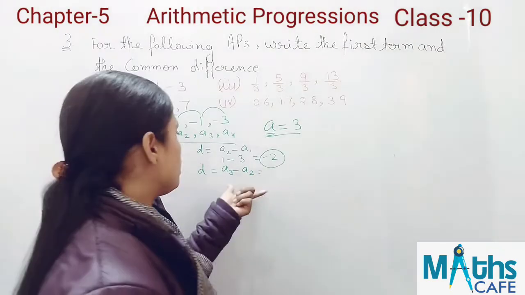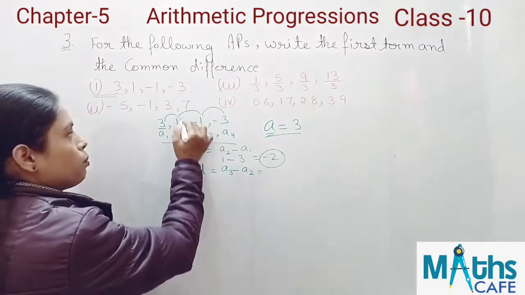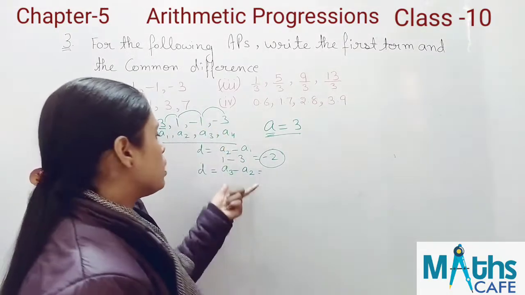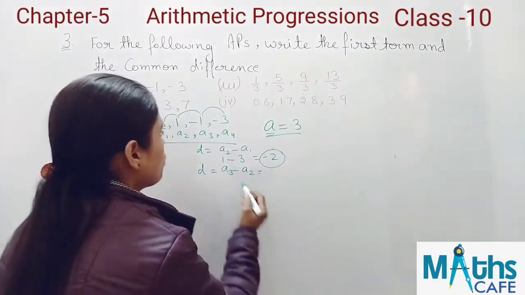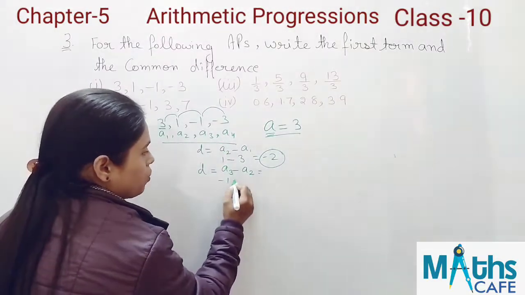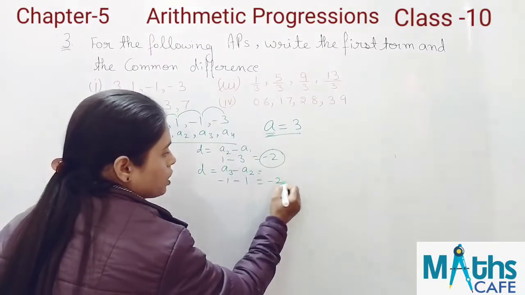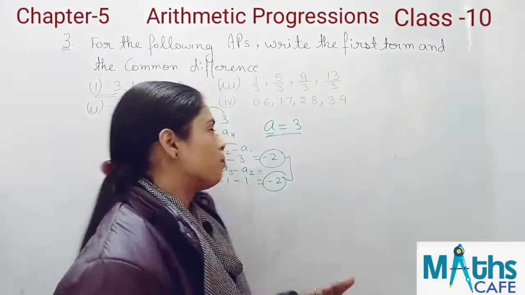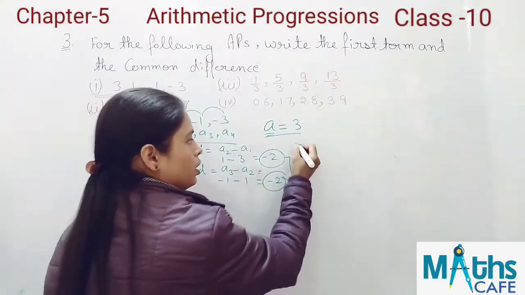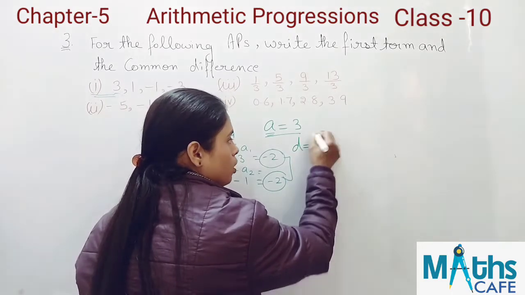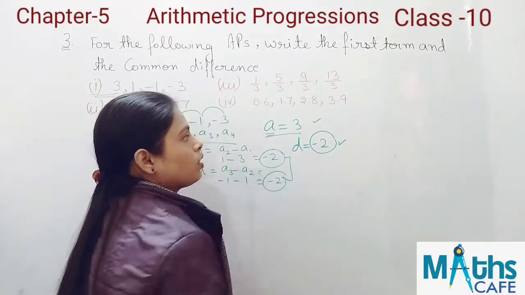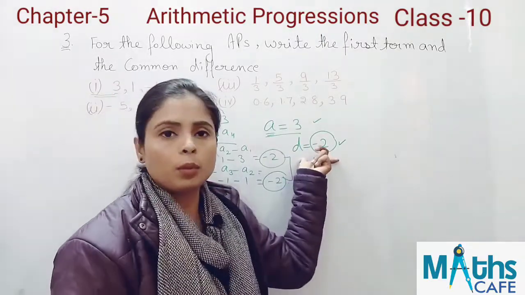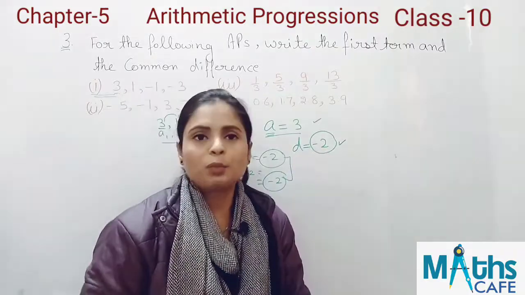A3 is minus 1 and A2 is 1, so this value is coming minus 2. If both values of D come out the same, that means this is our common difference. So D will be minus 2. This is how we can represent the answer: A will be 3, the first term, and D, the common difference, will be minus 2. I hope you understood.